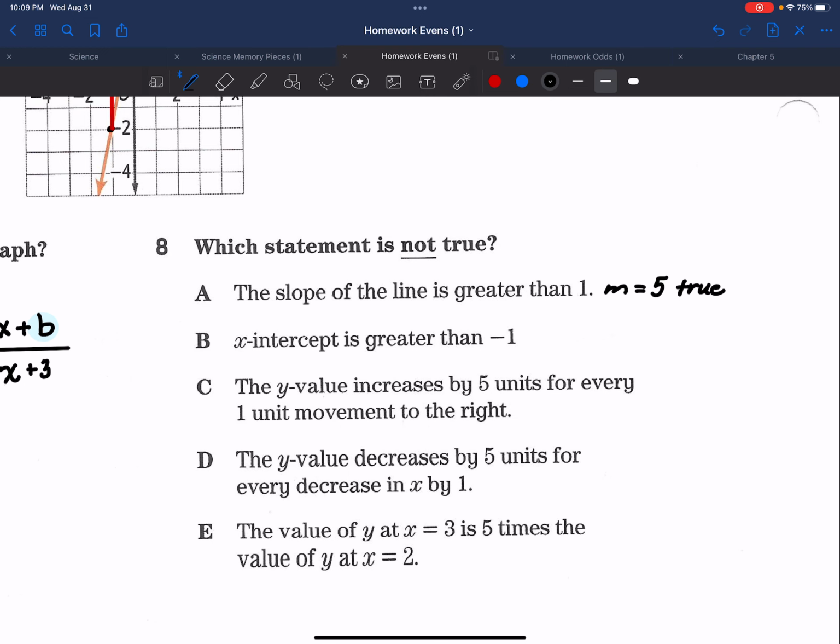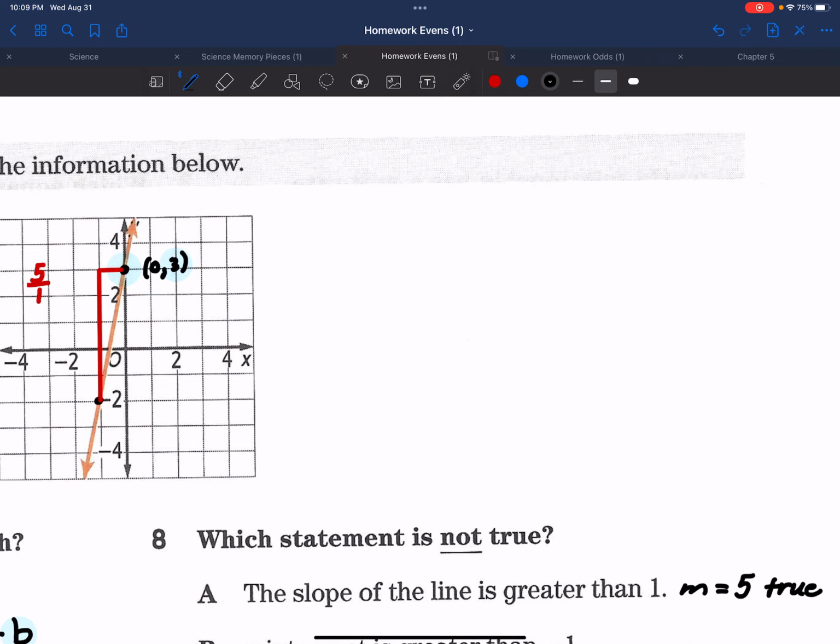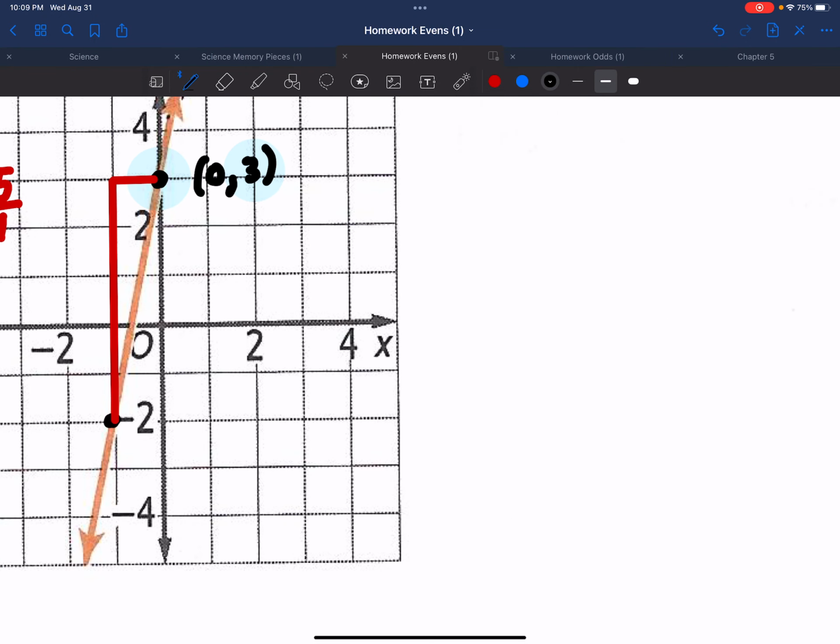The x-intercept is greater than negative 1. So let's look at the graph and see where it touches the x-axis. So I'm going to have to erase my slope line just so you can see this. The x-intercept is right here.